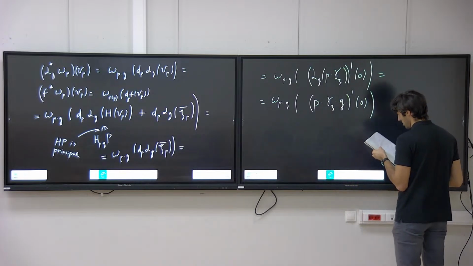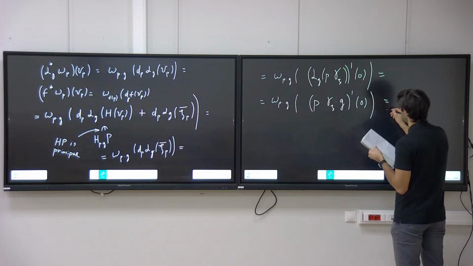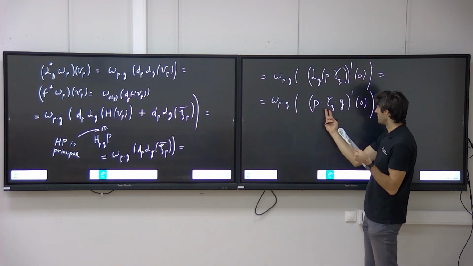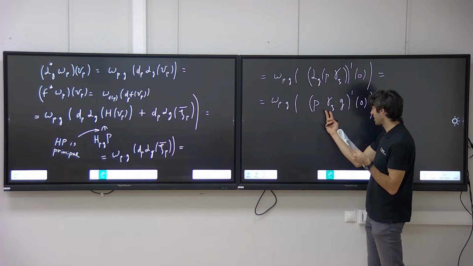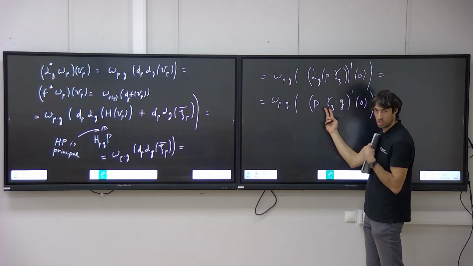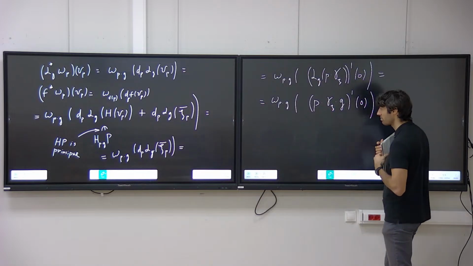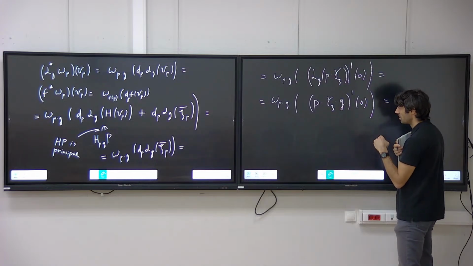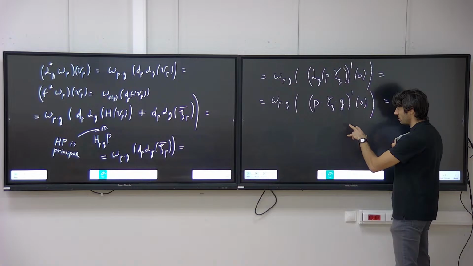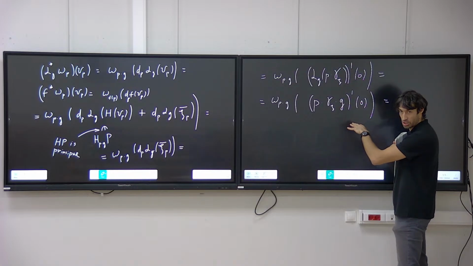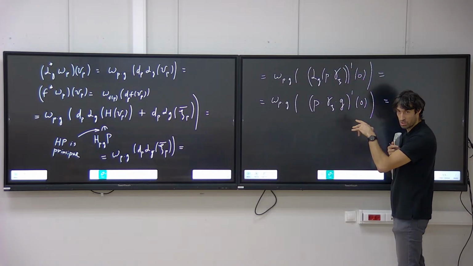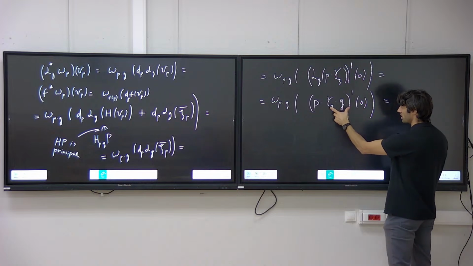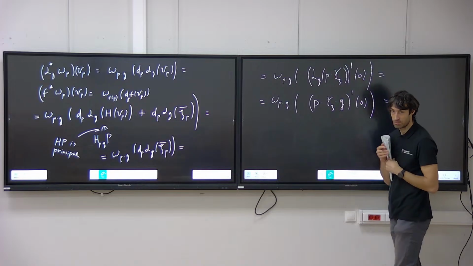Right? But now let me use this trick. Let me plug in the identity written as g g inverse here. My goal is to write this somehow as an adjoint action. The adjoint action came from the conjugation, so I will have to conjugate gamma by g. So I need to plug in g g inverse here.